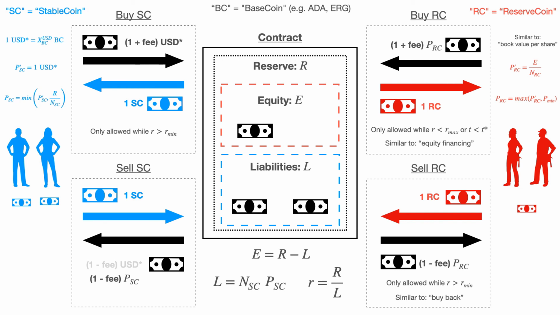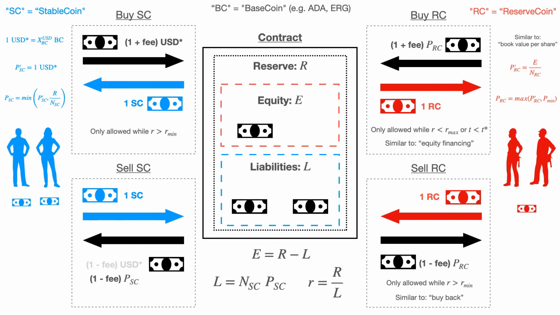So that's why we only allow buying reserve coins when the reserve ratio is lower than a maximum reserve ratio threshold. With one exception. So if the time is smaller than a certain parameter of the protocol, then you can also buy reserve coins. And that's to provide the initial reserves to the contract right after the stablecoin contract is deployed.